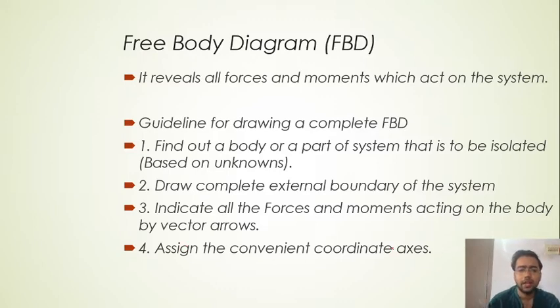Why do we assign a convenient coordinate axis? Because finally we have to do the algebraic sum or subtraction of forces and moments, right? In that case we need to know which force is positive and which is negative, which force is in the positive x direction or y direction, and which is in the negative x direction or y direction.